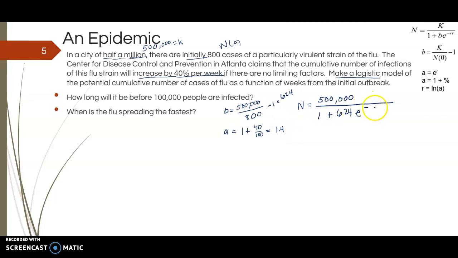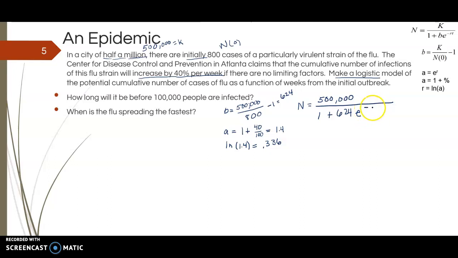Now that is not r, that's a. Once I know a, I can figure out r by using the natural log of a. So I have the natural log of 1.4, and again, I'm going to a calculator to do this, and I did do that ahead of time and got 0.336, and we're typically going to round that to 3 digits for our r.